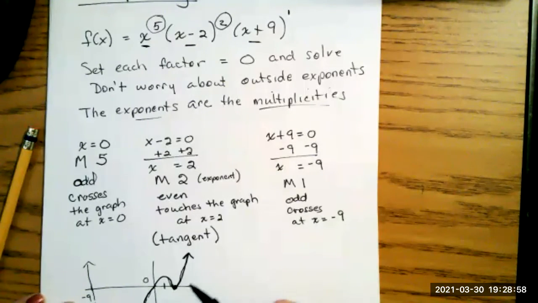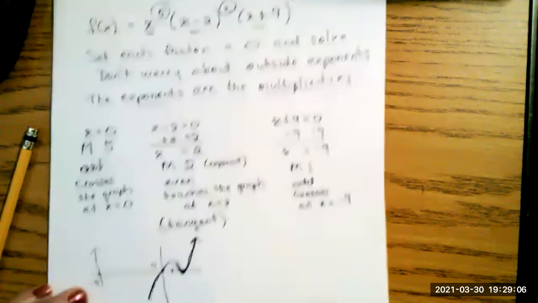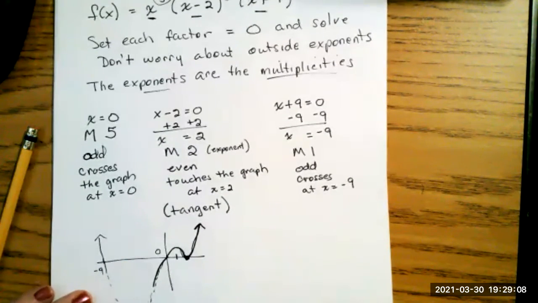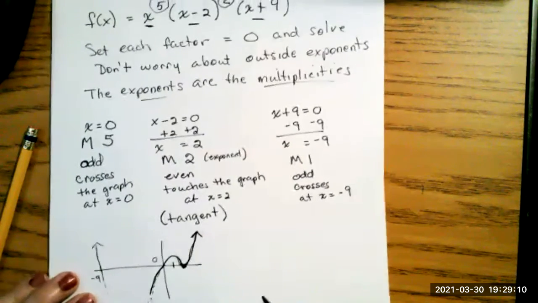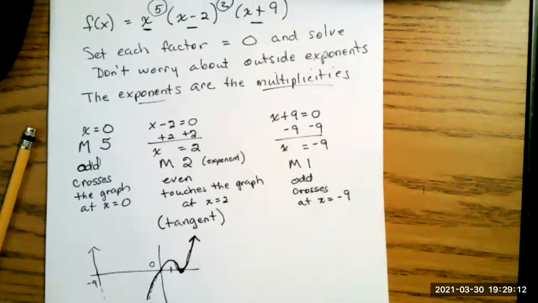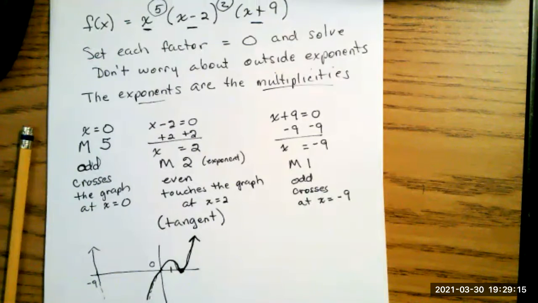If the multiplicity is 2 or 4 or 6 or 10 or 20, then it's going to come down and just touch the graph. Doesn't go through it, it just touches it. Okay? What they will ask you is, what is the multiplicity of the 0? Is it tangent or does it cross the graph? Those are the kinds of things they will ask you. Any questions on that?